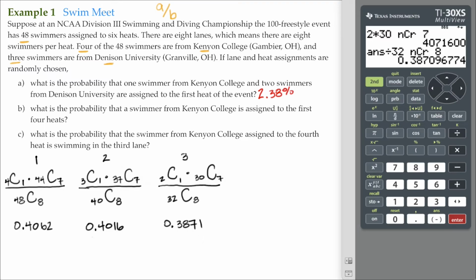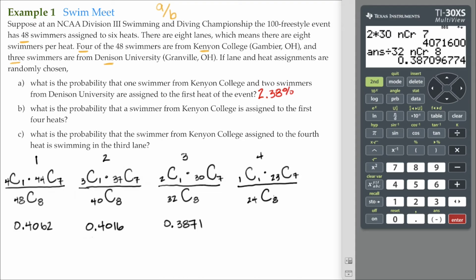And finally, for the fourth heat, we have 4 heats. Again, I have 8 fewer swimmers. So this is going to be 24 choose 8. I have 1 less Kenyon swimmer. That's going to be 1 choose 1. Of course, 7 fewer swimmers here. That's going to be 23 choose 7. Again, you could always check 1 and 23, that's 24.